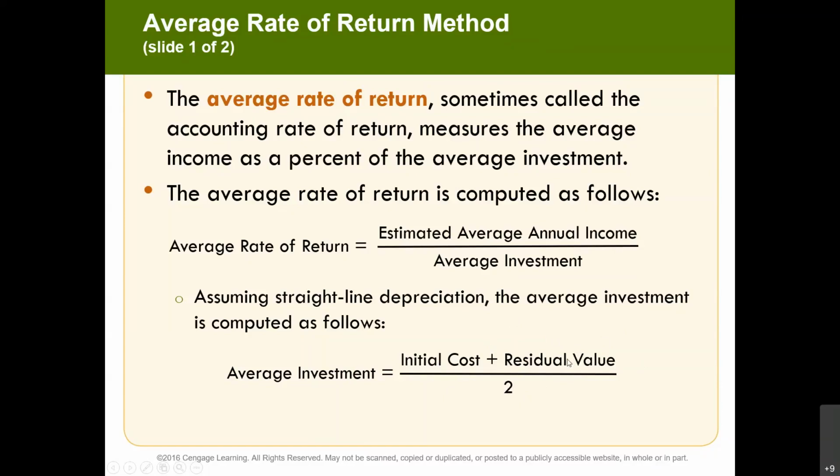Oftentimes we find residual value may not exist because, as you know from straight line depreciation, once it reaches the end of its useful life, the value of that machinery is 0. So there may not be residual value. But oftentimes, if you were to sell the machinery before the end of its useful life, there would be residual value. So your initial cost of the machinery plus any residual value from that machinery, divided by 2, will get you your average investment amount.